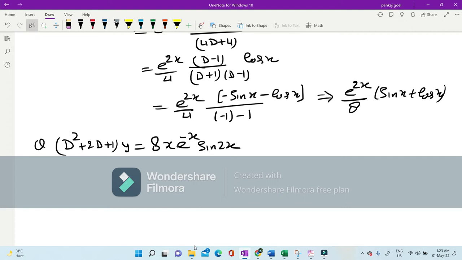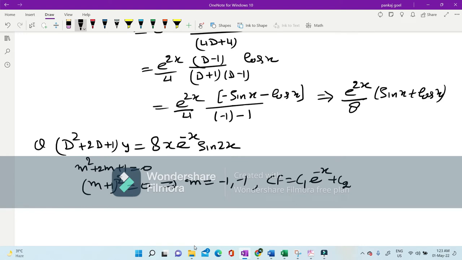So you can see this is the m की वैल्यू क्या आ जाएगी, that is basically m square plus 2m plus 1 equal to 0. This is m plus 1 का whole square that is equal to 0. We can say that value of m equal to minus 1, minus 1. CF is C1 e की power minus x plus C2 x e की power minus x.